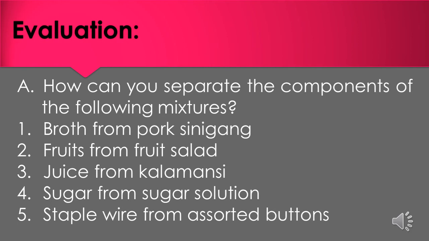So basically, you're just going to write what technique you're going to use to separate the components of the given mixtures. Okay, so good luck answering them. You can pause this video so you can have enough time to answer the items in the test.